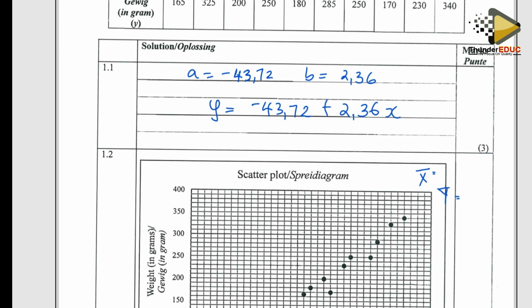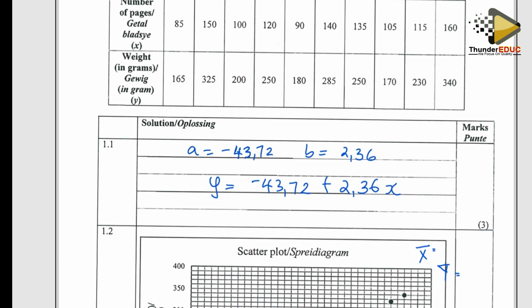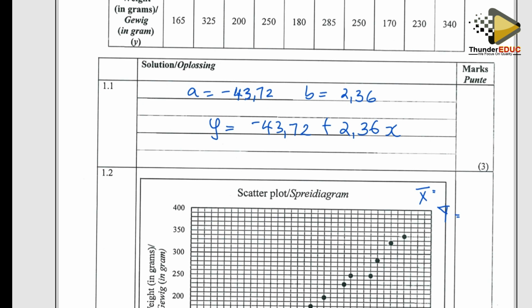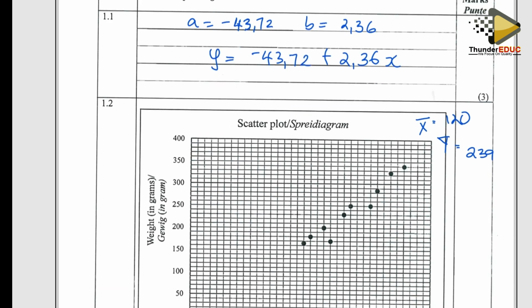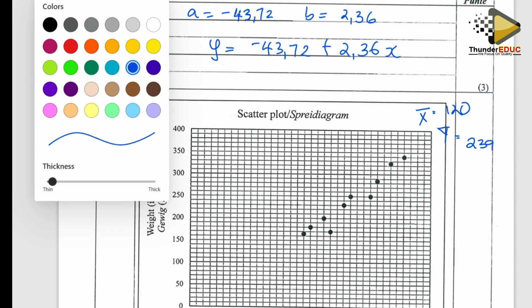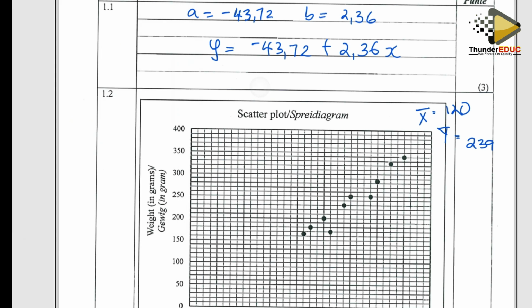From my values, I add up all the x values and divide by 10, add up all the y values and divide by 10. I end up with 120 for x, and for y, I'm getting 239. So our line must rotate around this particular point.